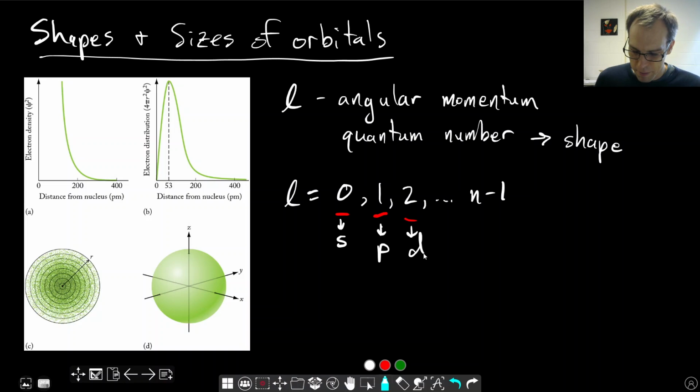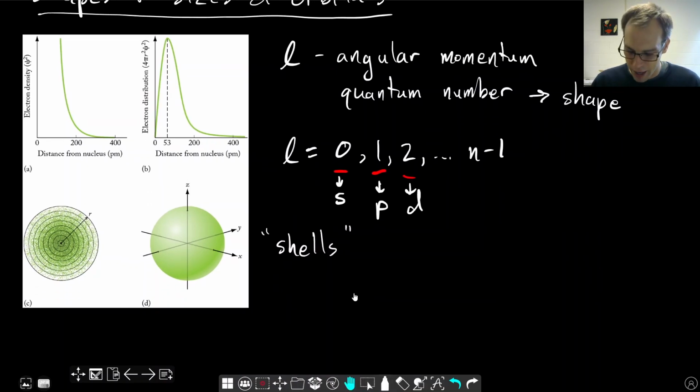And one thing I just want to mention that I haven't brought up yet to this point is that we talk about these orbitals as being shells. You can think of these as the electrons sort of forming a shell around the nucleus. And we think about these shells as belonging to specific values of the principal quantum number n.